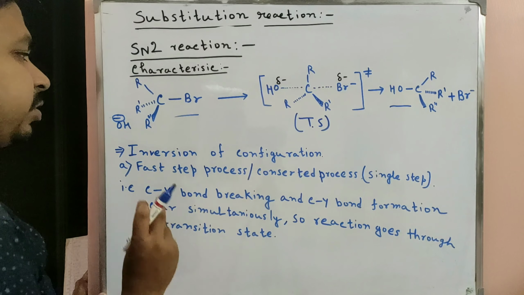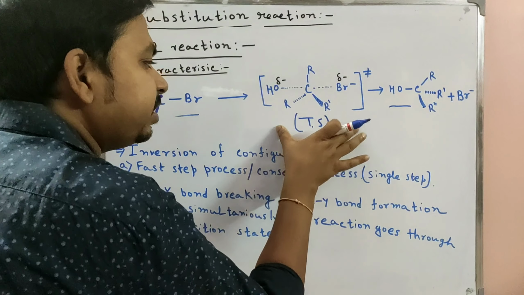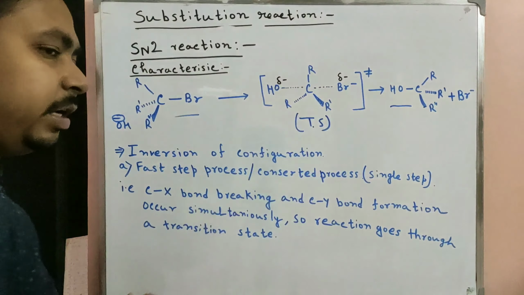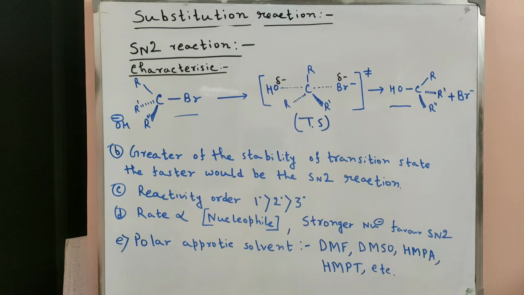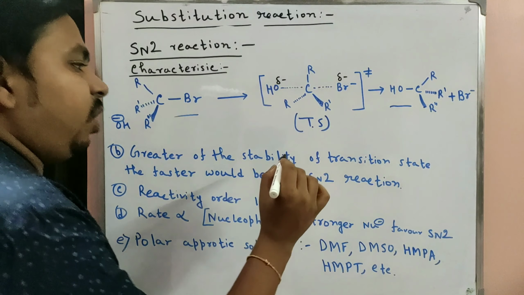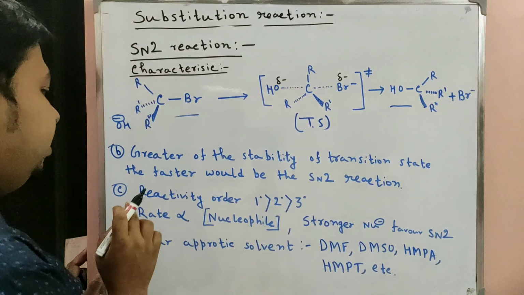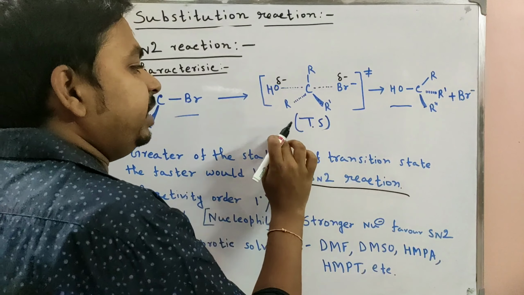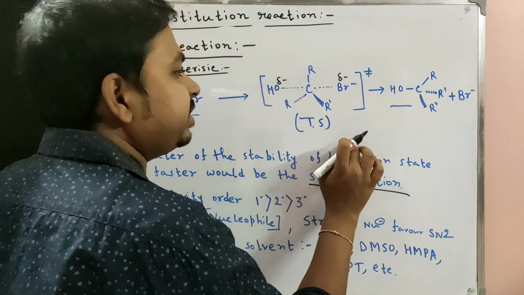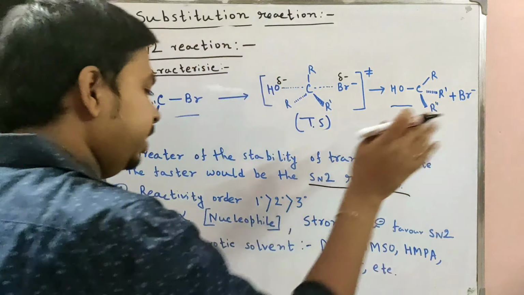So the reaction goes through a transition state. The greater the stability of the transition state, the faster the SN2 reaction. So the greater the stability of this transition state, the faster the rate of the SN2 reaction.